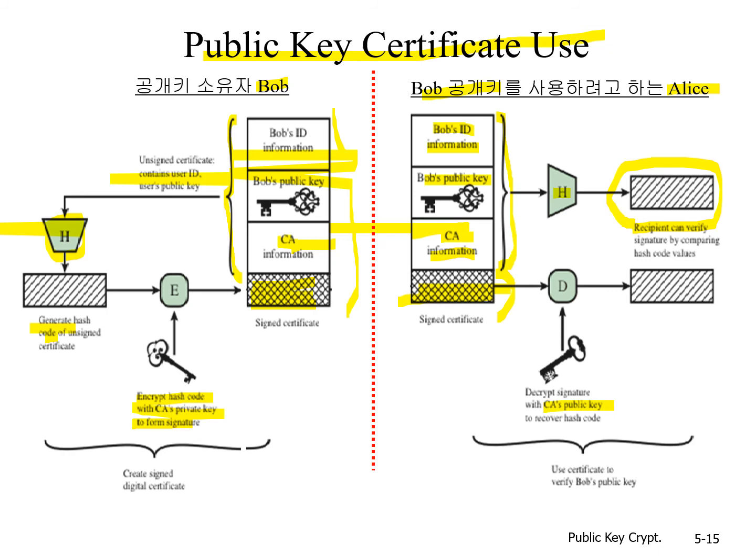That's why we call the CA a trusted third party. Then she recovers the hash value, and then compares this to this. If the two hash values are equal, then Alice can obtain Bob's public key securely.